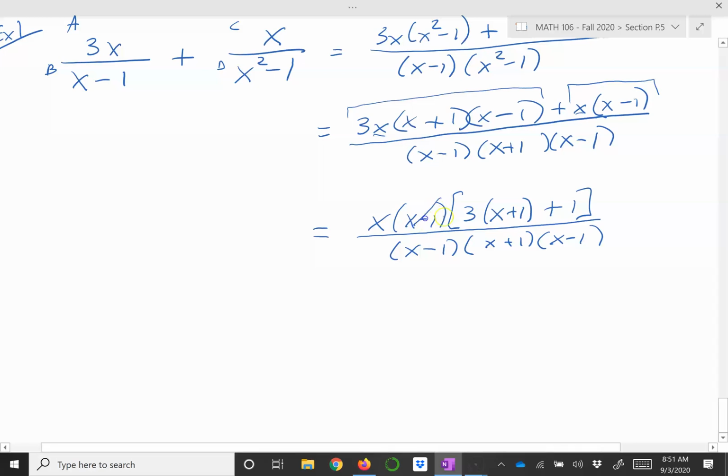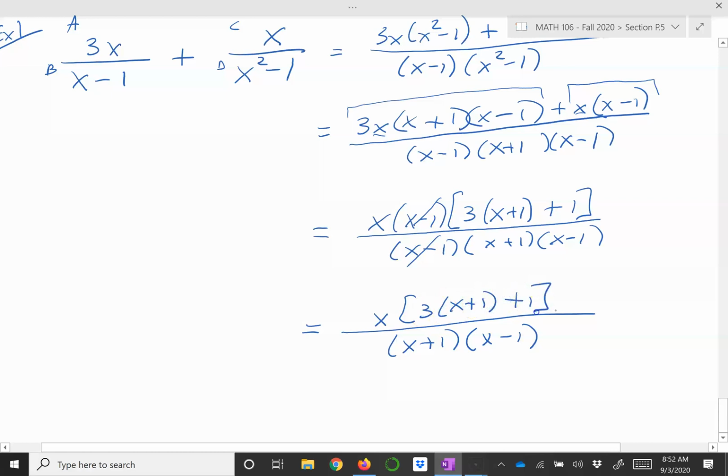Yeah, see these x minus 1s hanging out here? They're gone. And then here's your final answer. Because when we do these, we typically want to leave them in factored form. So the denominator is already factored. And then what we have left in the numerator is that.